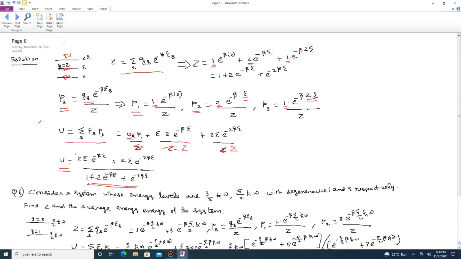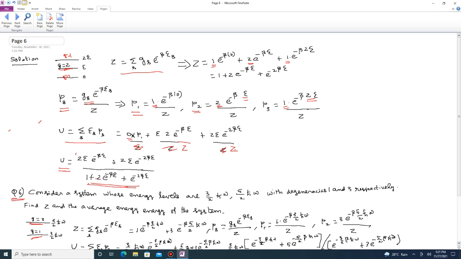Then let us go to the next problem. Problem 6. Consider a system whose energy levels are 3/2 h-bar omega and 5/2 h-bar omega, with the degeneracies 1 and 3 respectively. So here g1 is equal to 1, a non-degenerate level, and the next level has degeneracy 3, g2 equal to 3.